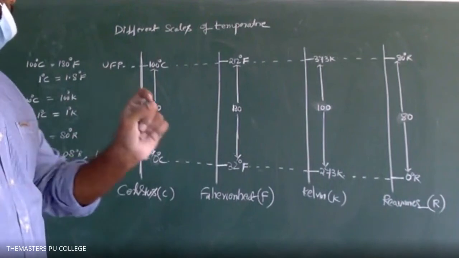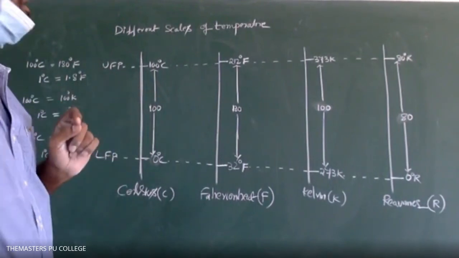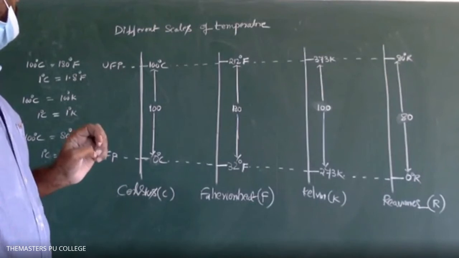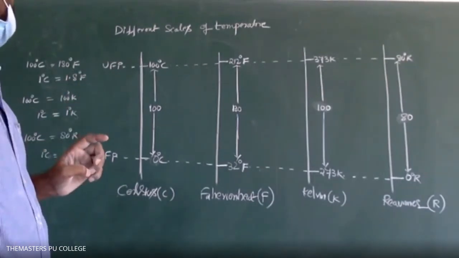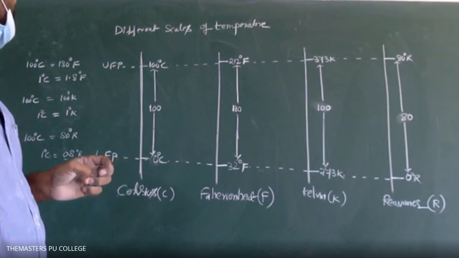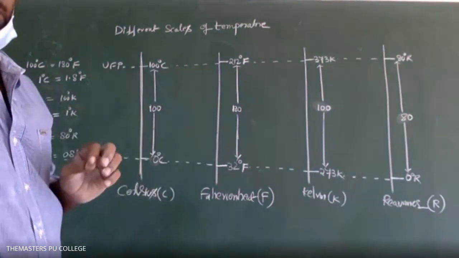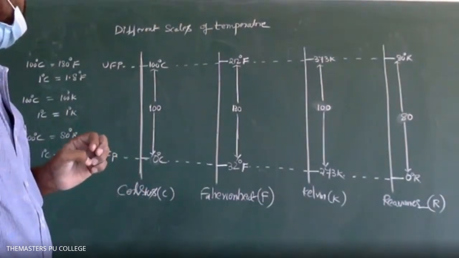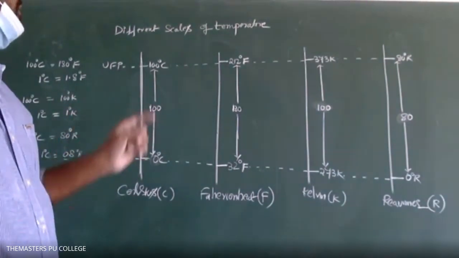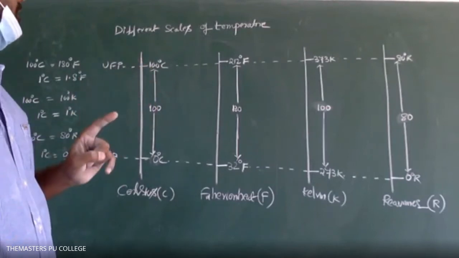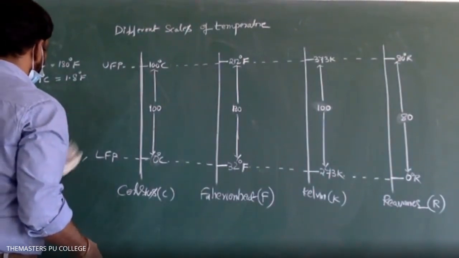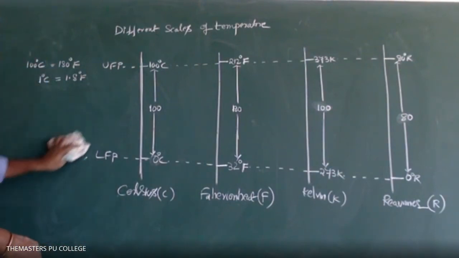If 100 degrees centigrade is the rising temperature on the Celsius scale, to have the same rise of temperature it must be a 180 degree rise on the Fahrenheit scale.